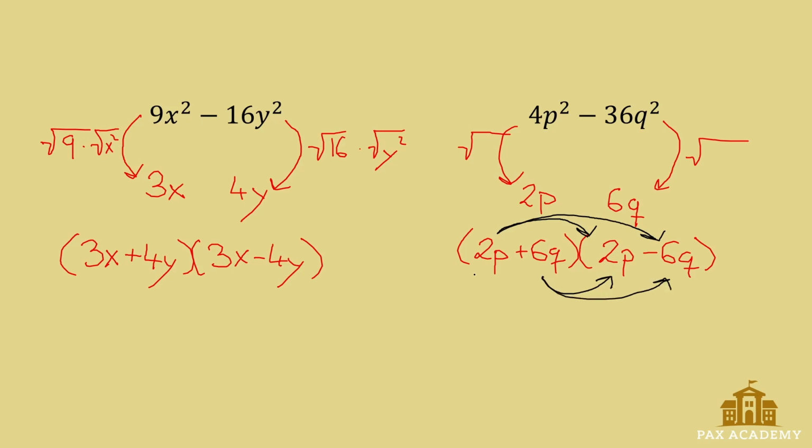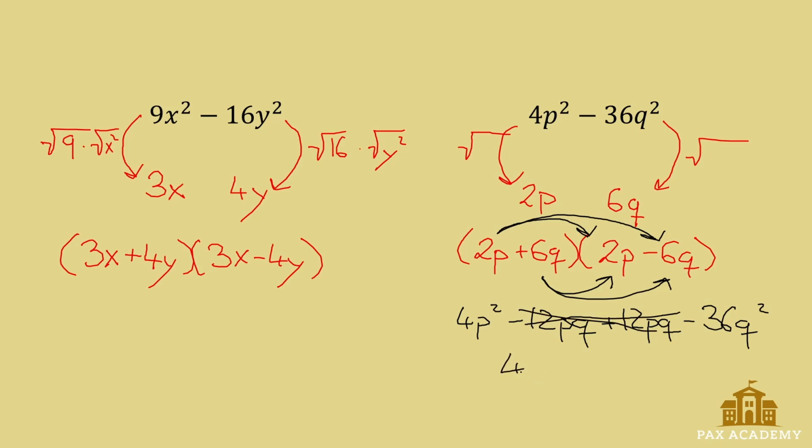Okay, so 2p times 2p is 4p squared. 2p times minus 6q is minus 12pq. Then 6q times 2p is plus 12pq. And then 6q times minus 6q is minus 36q squared. So as you can see, minus 12pq plus 12pq cancel out.